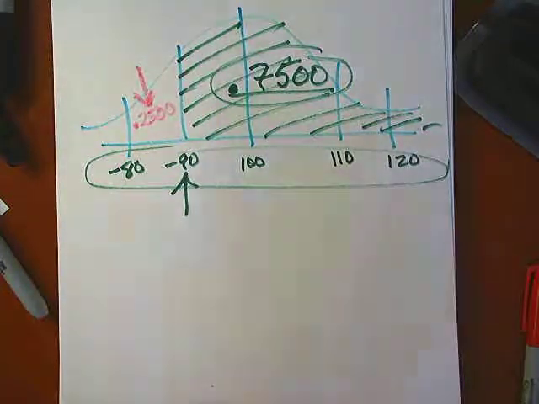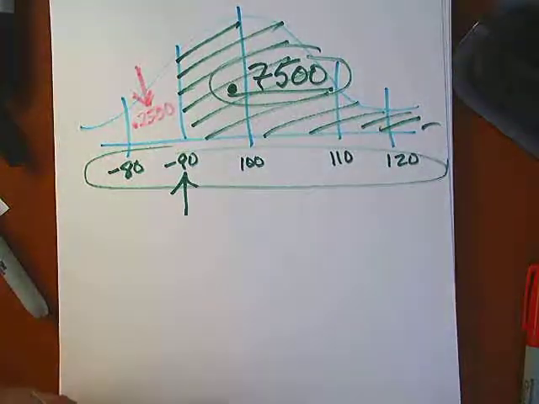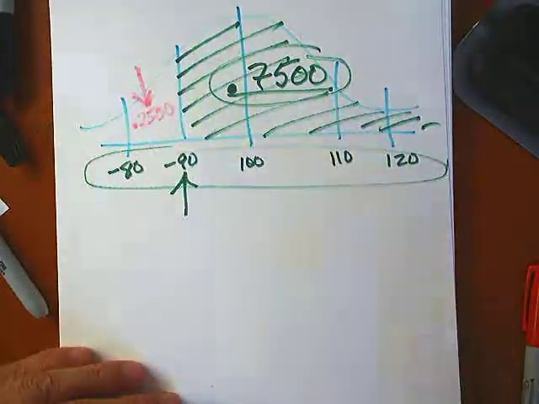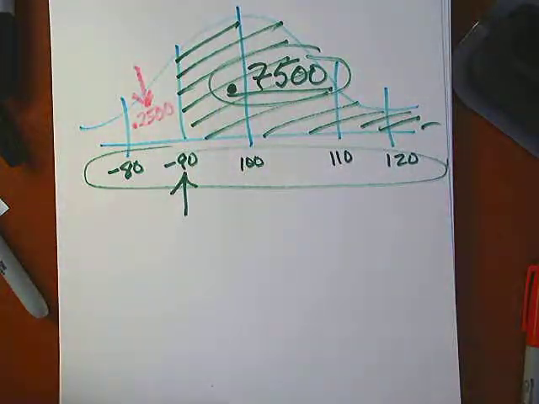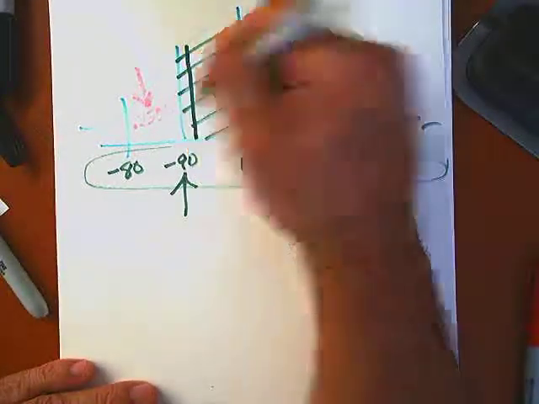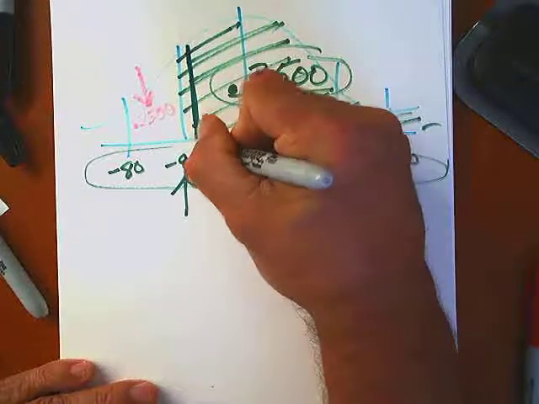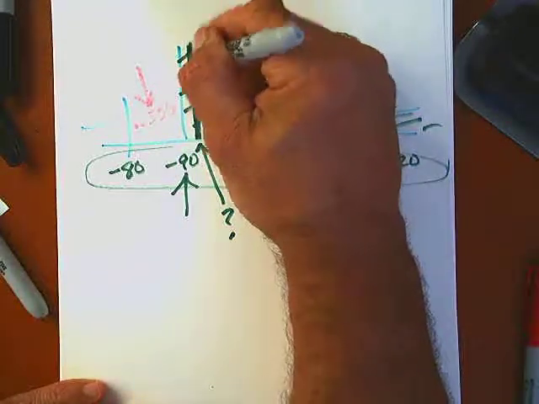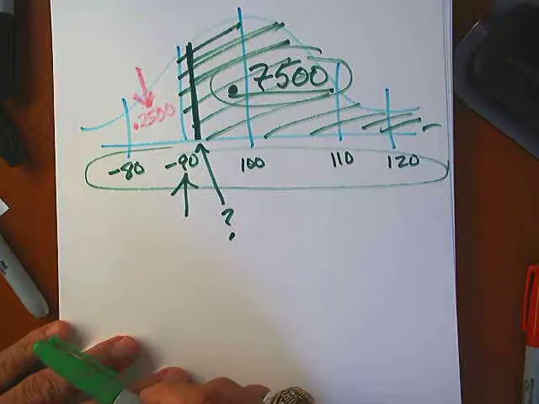And they're going to say 0.75. And our numbers are 100, 110, 120, 90, and 80. They give us this, and they want to know what that z-score is that corresponds to 75% greater.